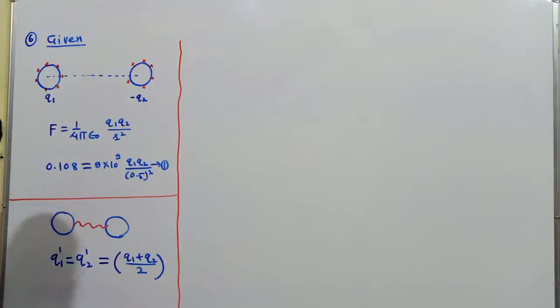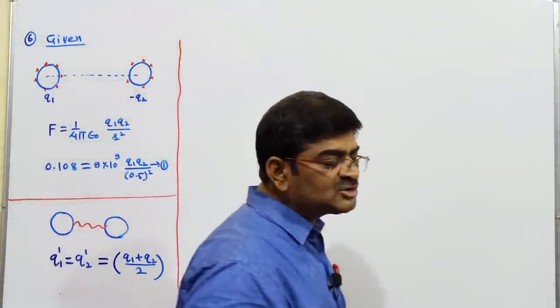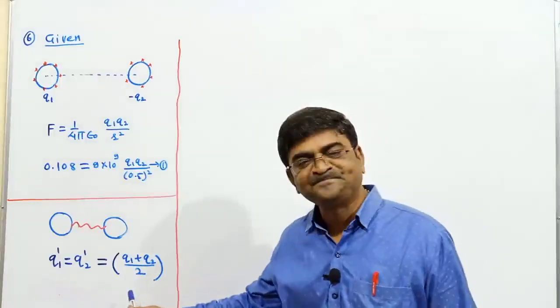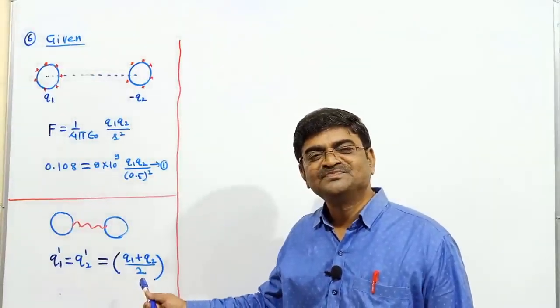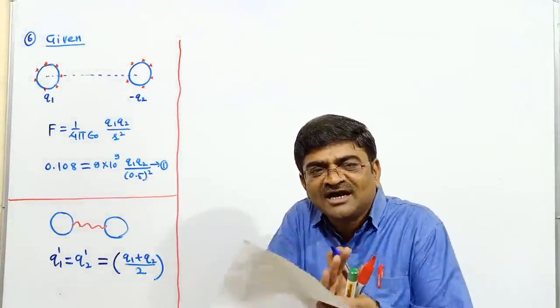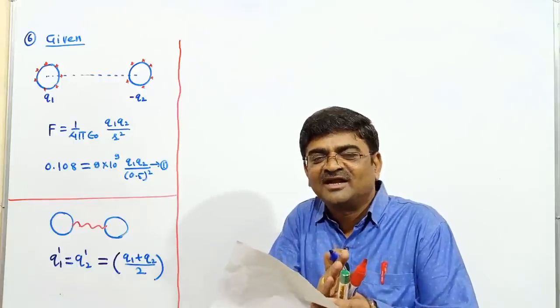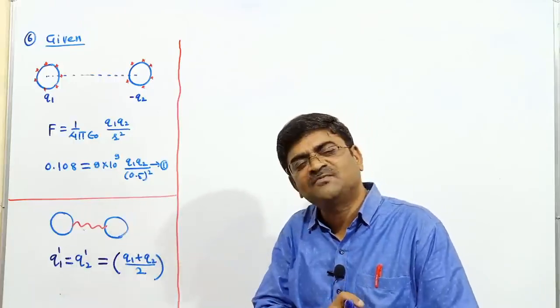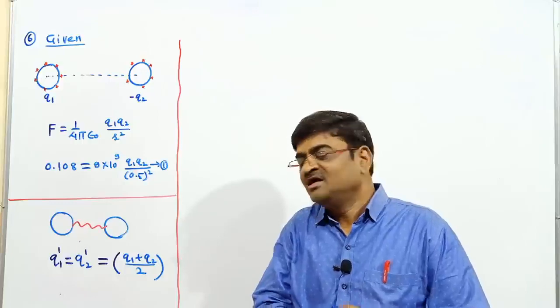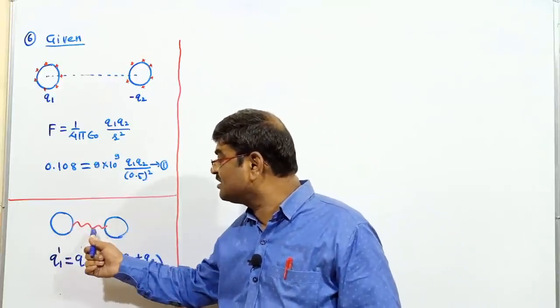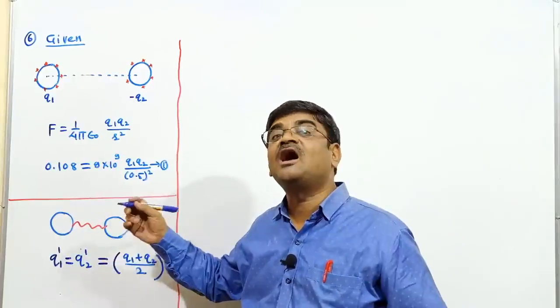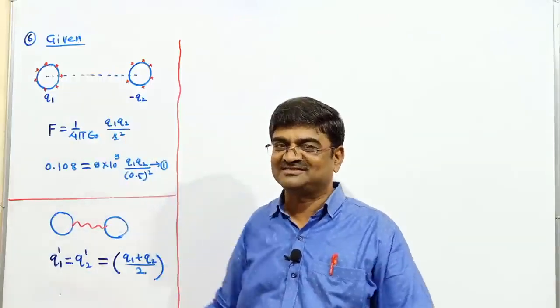So you mean in case of identical conductors, after making a contact, directly or by means of a connecting wire, each of the identical conductors will acquire a charge half of the net charge before connection.